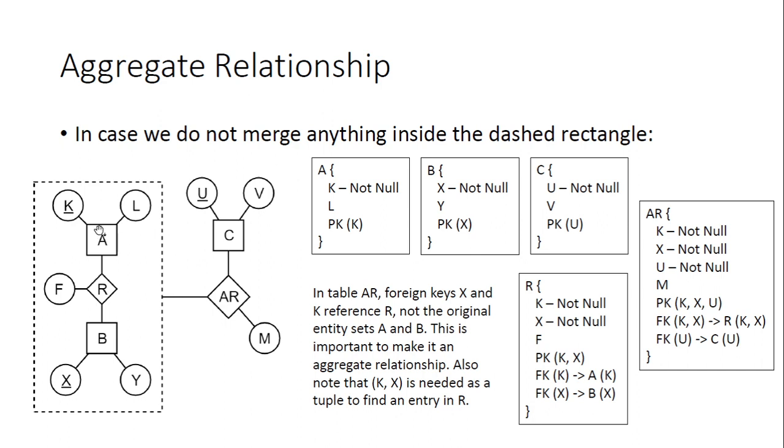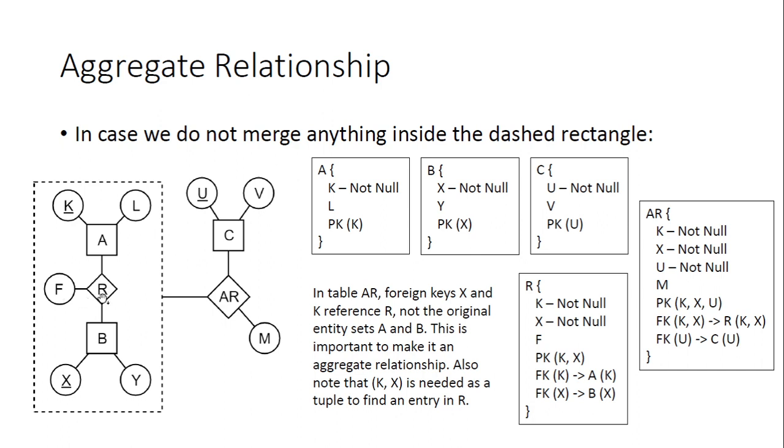For this setting, we have the entities A, B, C, and their respective primary keys are K, X, and U. For example, for A, B, and C entity sets, these are our relational schemas with their primary keys. And there is this existing relationship called R between A and B. It's a many-to-many relationship. And for R, we also need to store this additional attribute F.